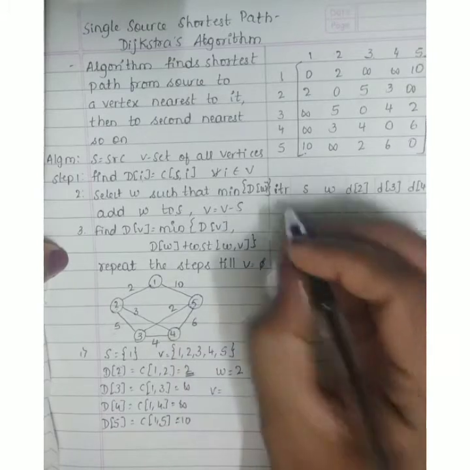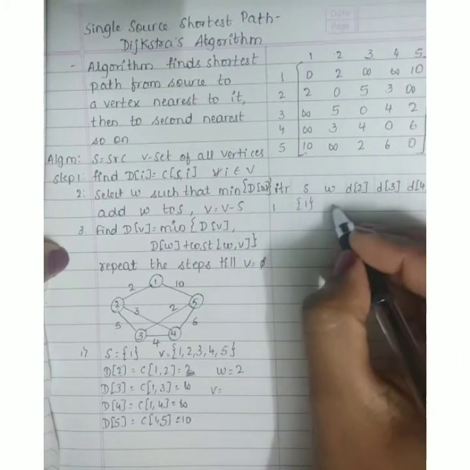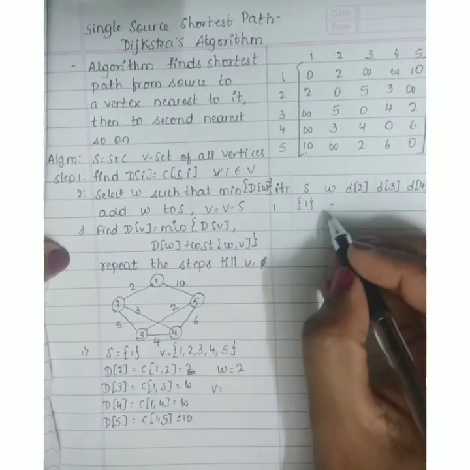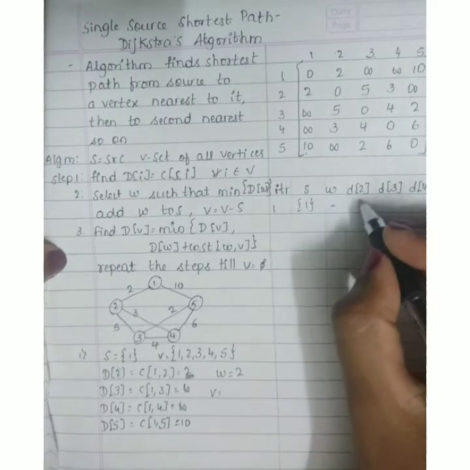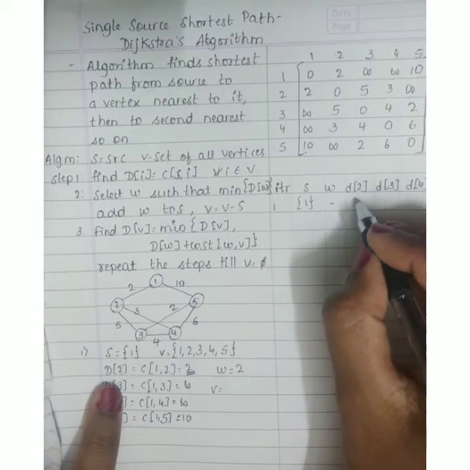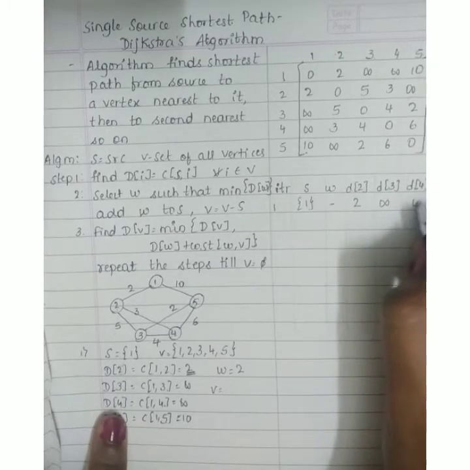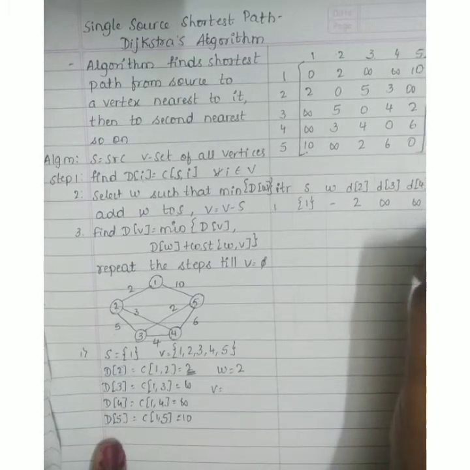So in the first iteration, source is 1, and no w has been found yet. d_2 is the distance from 1 to 2, that is 2. d_3 is infinity, d_4 is infinity, d_5 is 10.